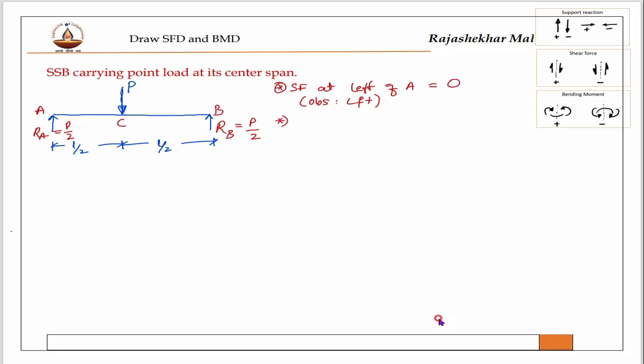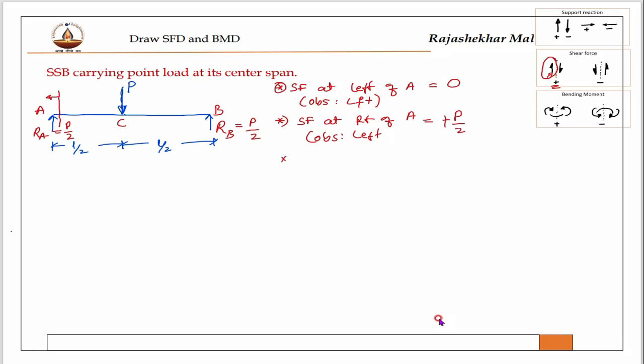Then the second one is shear force at right of A. Right of A means this one. Then again we will make observations from the left side, meaning this side. This side you are seeing P by 2. Okay, is this P by 2 positive or negative? Left side upward is positive. This one is positive, therefore this is a positive value.